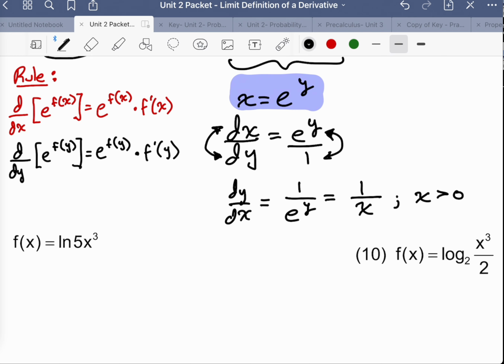All right? And that's because the domain of y equals ln of x is x greater than 0. All right? The domain of the original function restricts the domain of the derivative, right? Because the derivative, I mean, it's very easy to lose sight of what we're talking about.